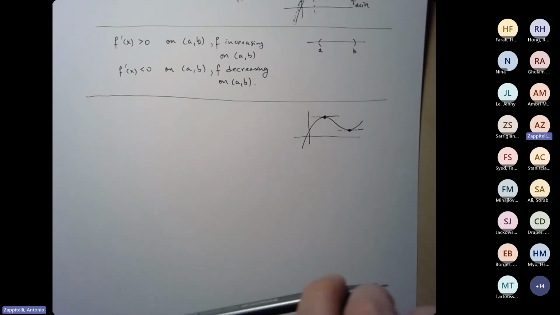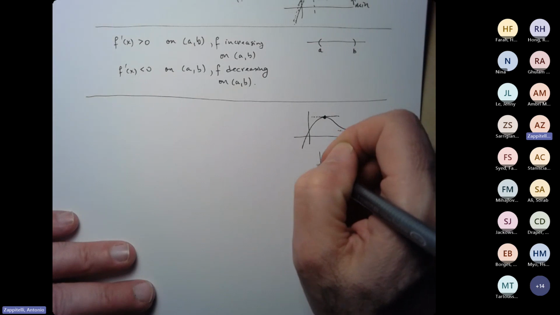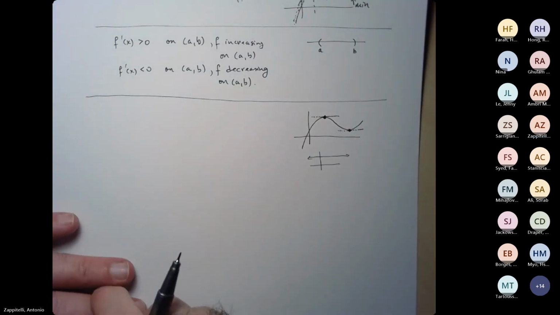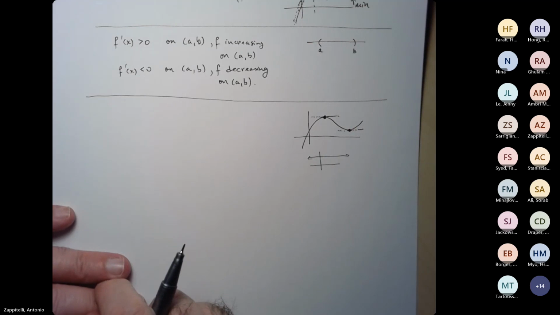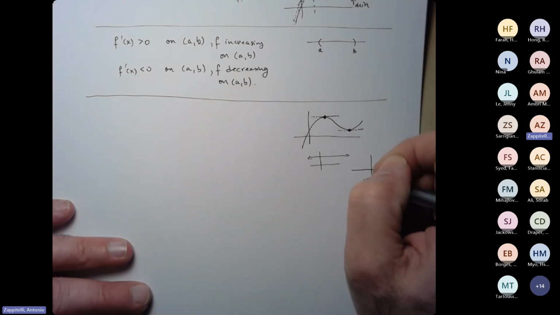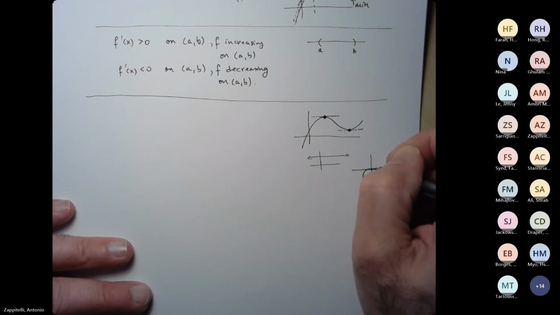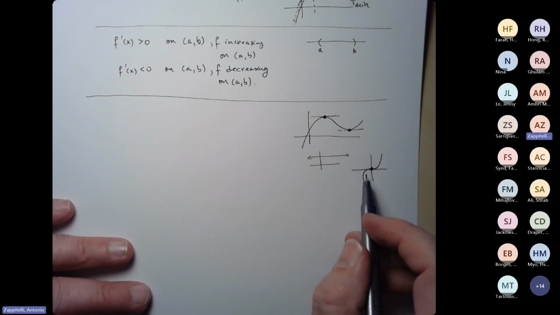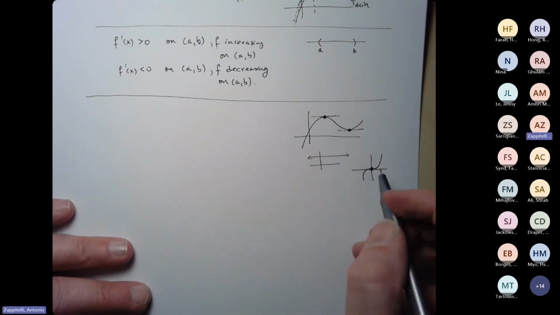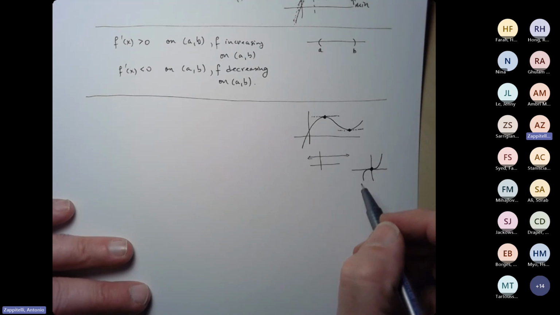Well, linear function, I guess if it's a horizontal line, you know, there you go, constant, yeah. Oh, interesting, a cubic. There's another example. If you look at a cubic, you see at 0, the derivative is 0, but there's no local maximum or minimum.